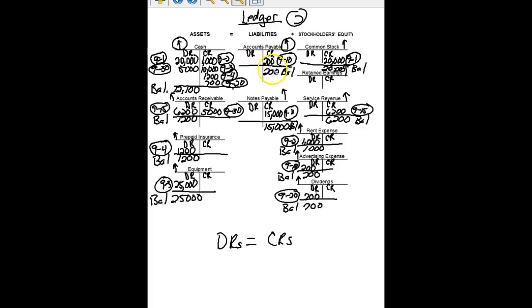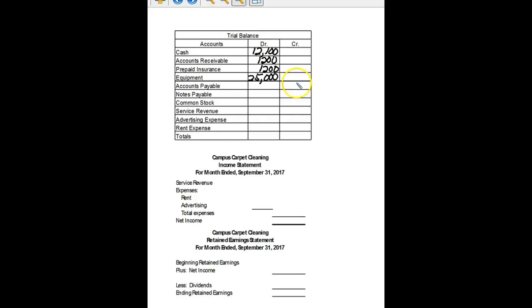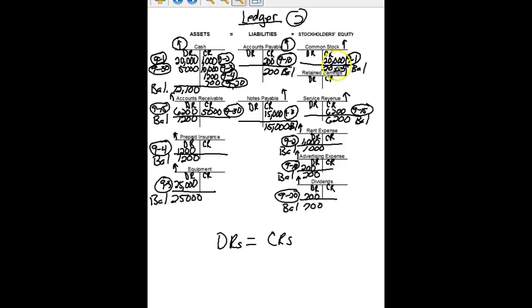So the accounts payable, I'll list its credit balance of 200. Notes payable, its credit balance of 15,000. So enter those in. 200, 15,000. Oops, wrong way. And then common stock, 20,000. Nothing for retained earnings.